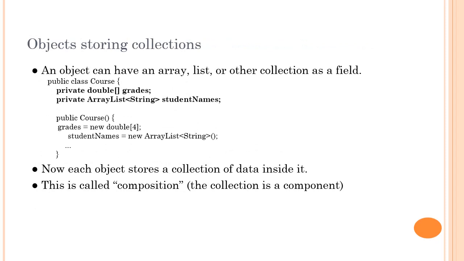I can have an array list as an attribute inside another class. For example, here I have a class course and I have an array list containing the student names. Now each object will store a collection of data inside it. This is called composition.